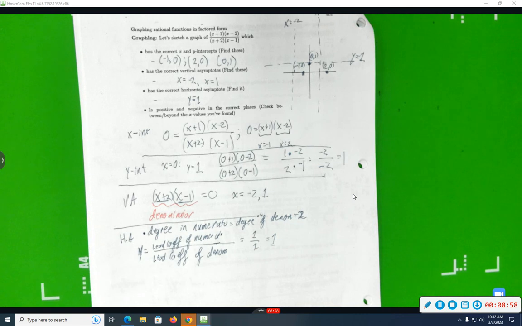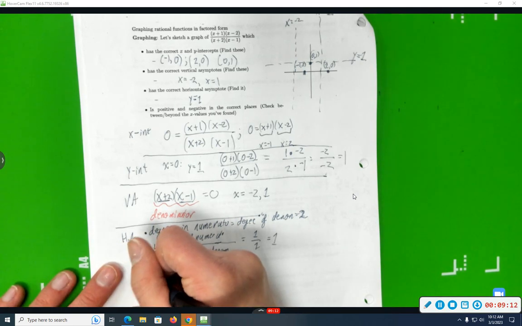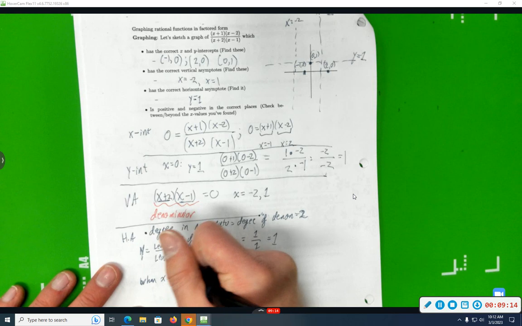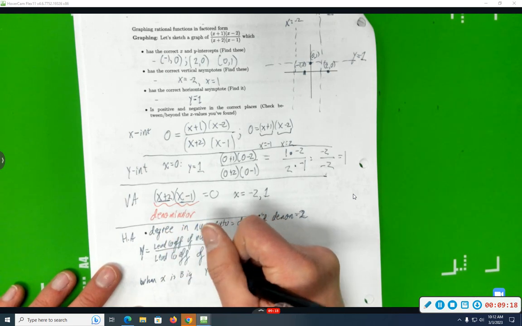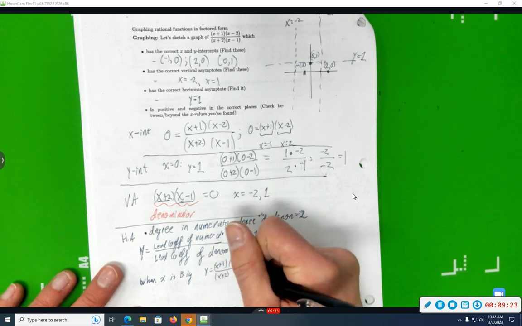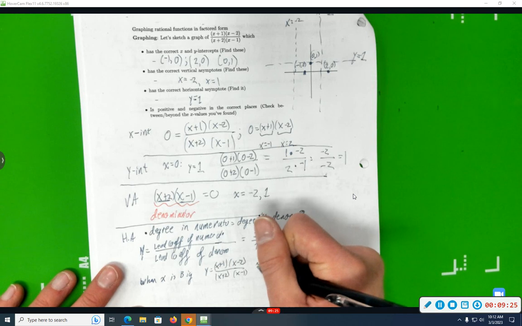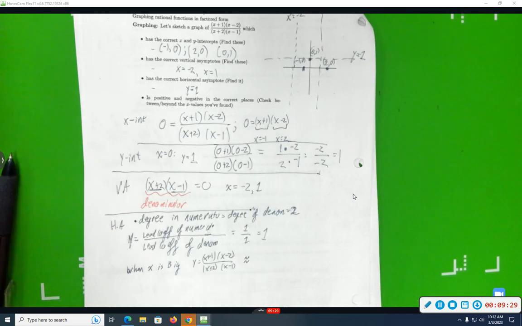All right. Let's also do that one other way, which sometimes will feel more intuitive. The horizontal asymptote is what happens when x is gigantic. So here's another way of thinking about this. When x is big, y equals (x plus 1)(x minus 2) over (x plus 2)(x minus 1) is about, if you plug in a really big number for x, does that plus 1 make much of a difference?